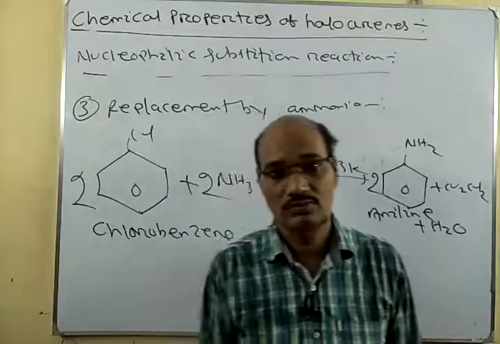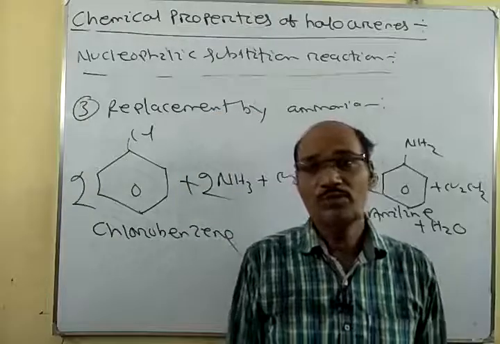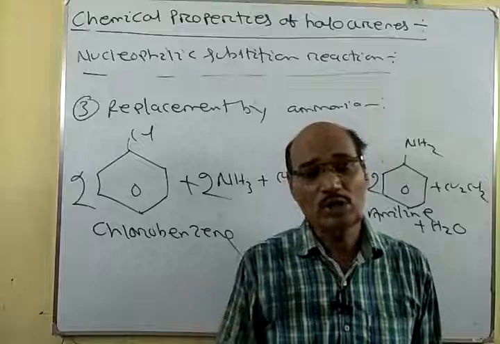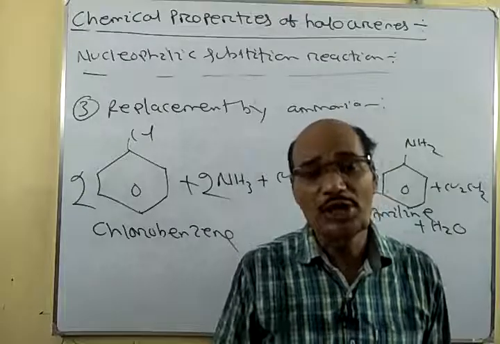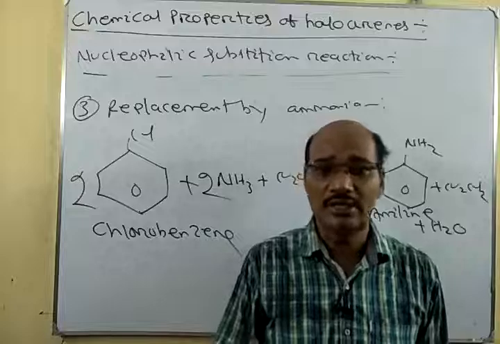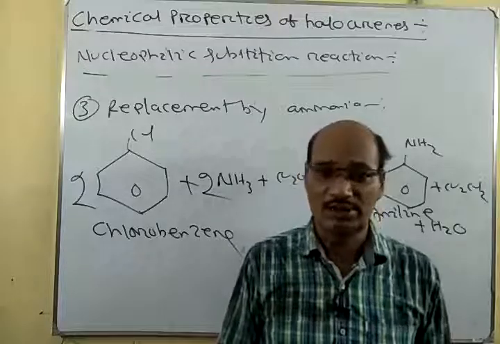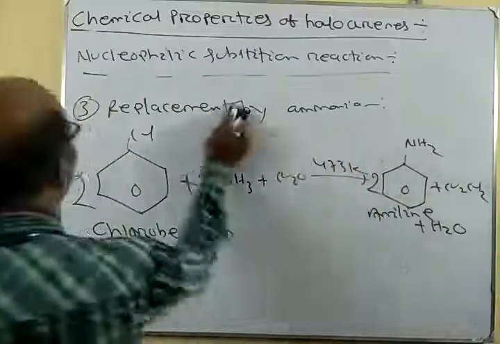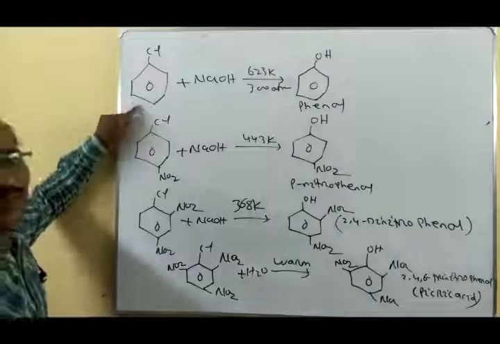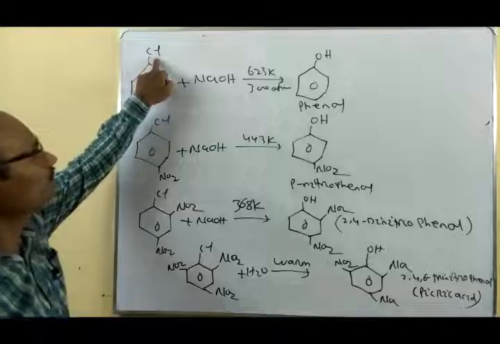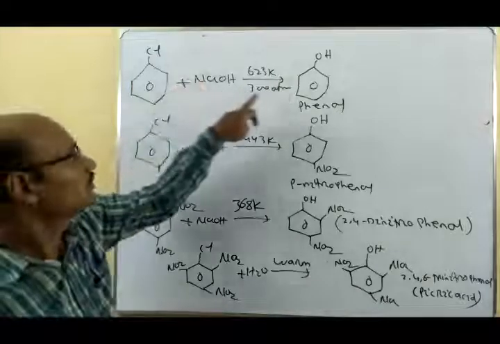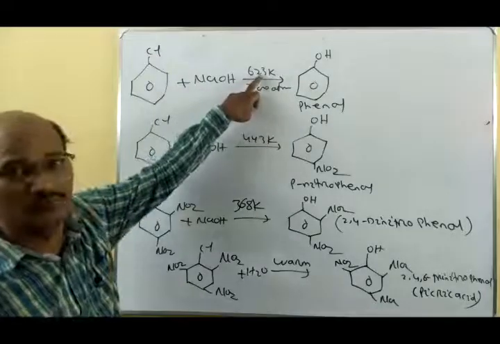Okay, so with the presence of electron withdrawing groups, the nucleophilic substitution reaction is enhanced. Let us see with the examples. When we take chlorobenzene, the Cl is replaced by OH at 623 Kelvin.